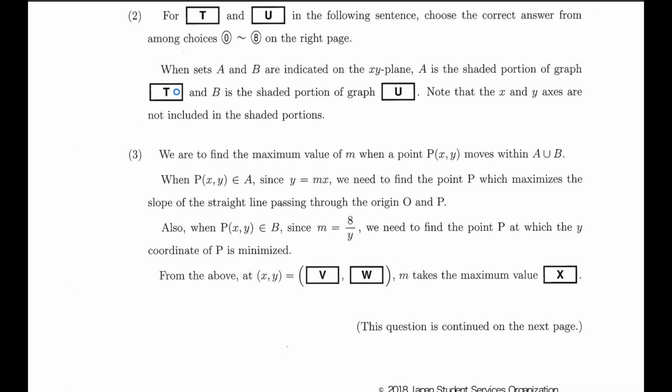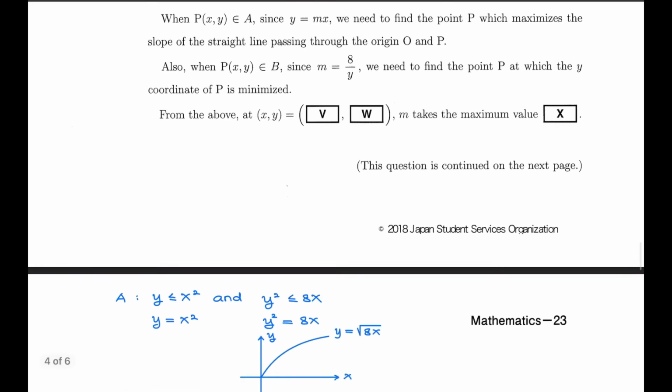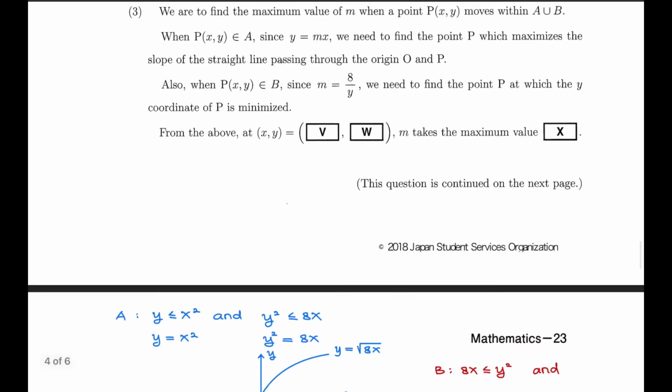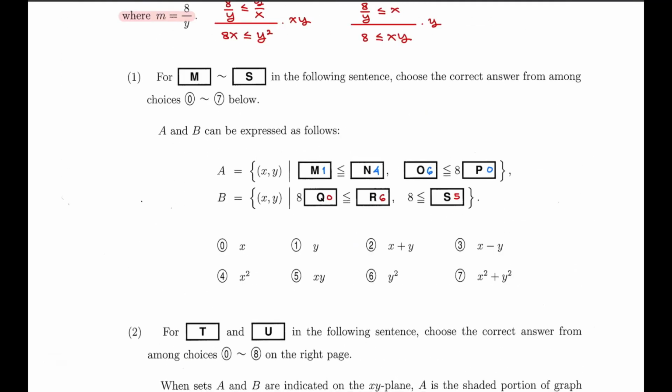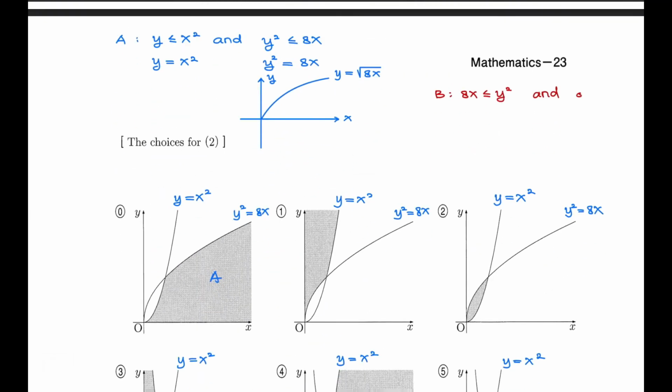And then how about B? B is the shaded portion of the graph U. What is B? B is 8x less than or equal to y squared, and the other one is 8 less than or equal to xy.